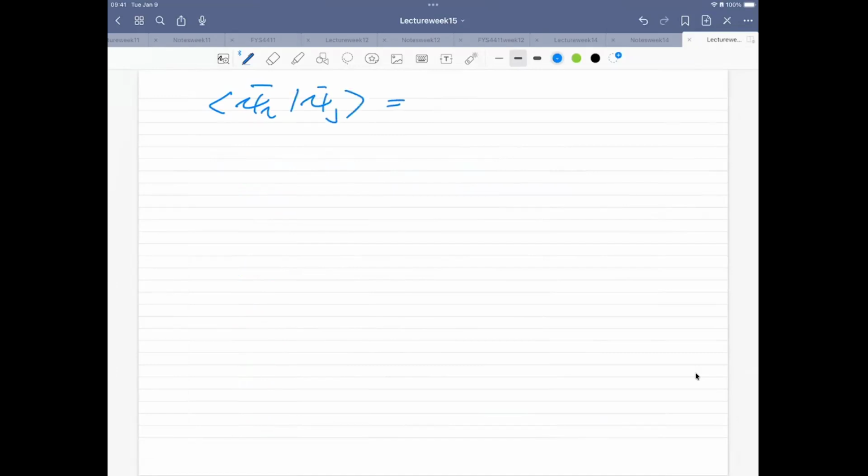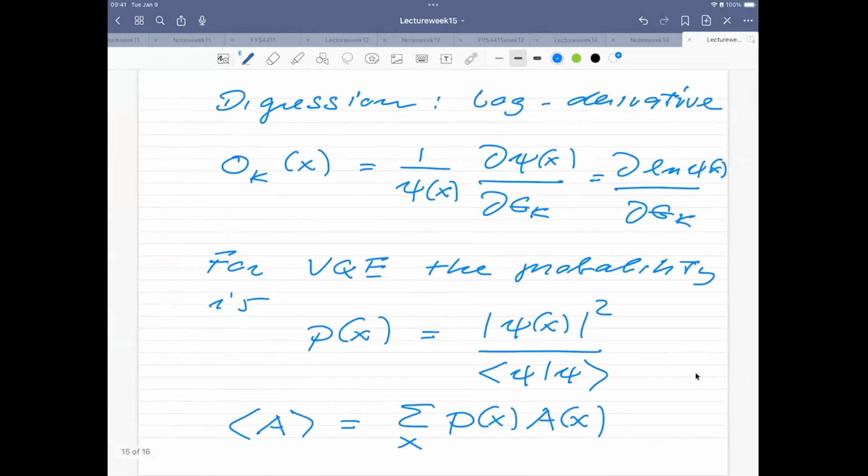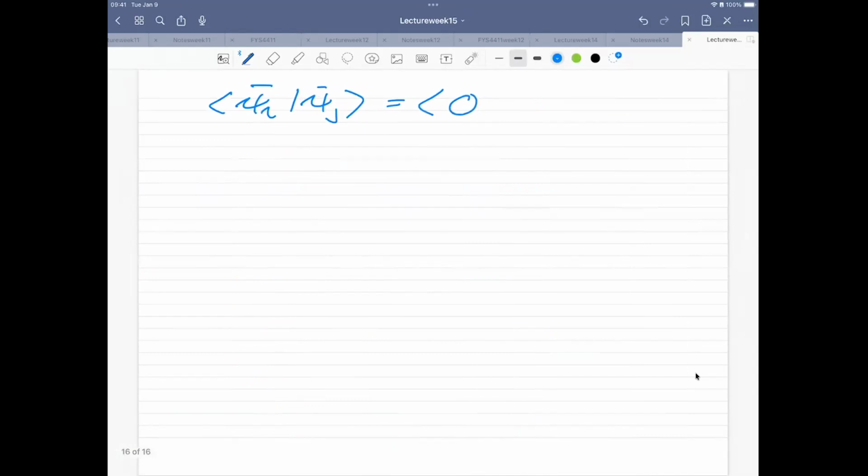It's actually not that difficult to see. If you now go back to this definition of the operator, you can show that this is given by this quantity here. No, sorry. This is an expectation value.